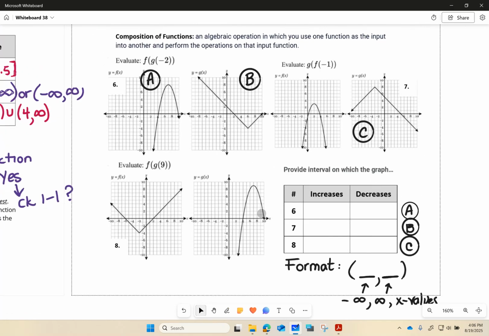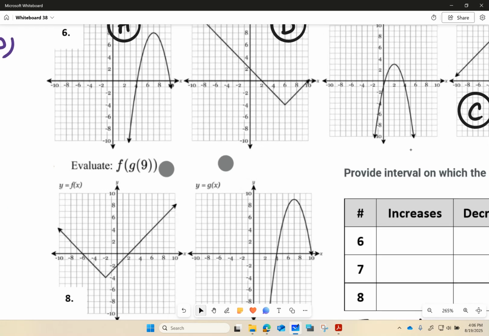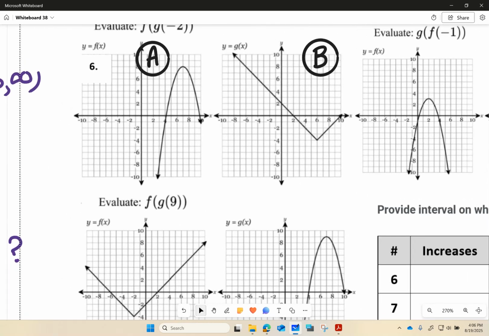Let's look at A. Always trace your graph from left to right, okay? So when you trace your graph from left to right, my left is this right here. I'm putting my pen here or my thumb, and I'm going left to right. So what is happening to your thumb or your pen? Well, here, my y numbers are getting higher.